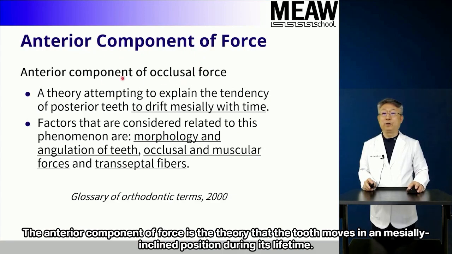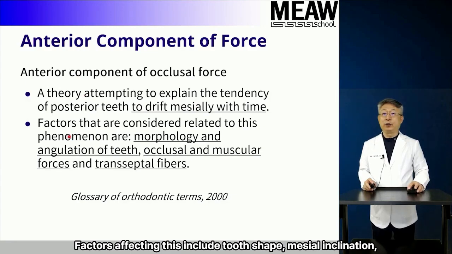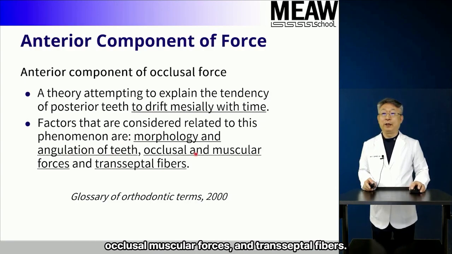The anterior component of force is the theory that the tooth moves in a mesially inclined position during its lifetime. Factors affecting this include tooth shape, mesial inclination, occlusal muscular forces, and transseptal fibers.